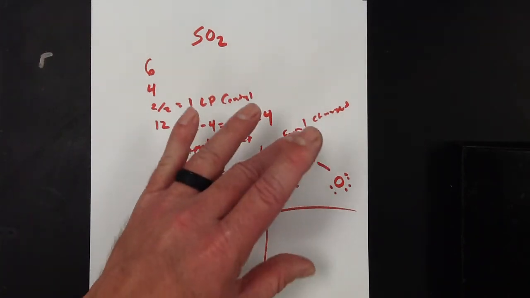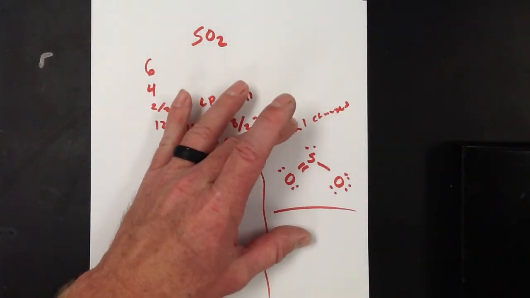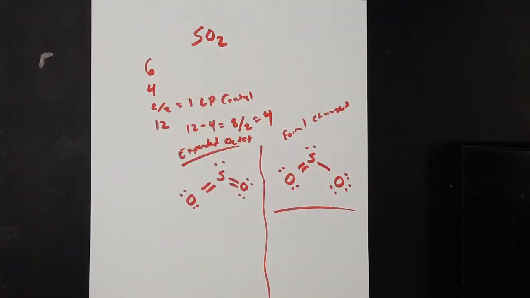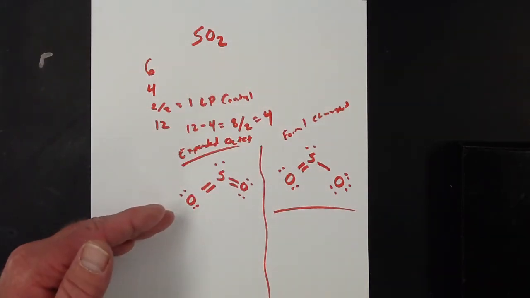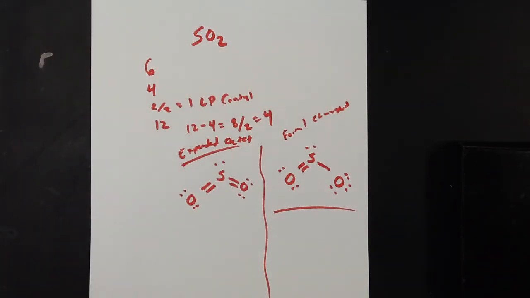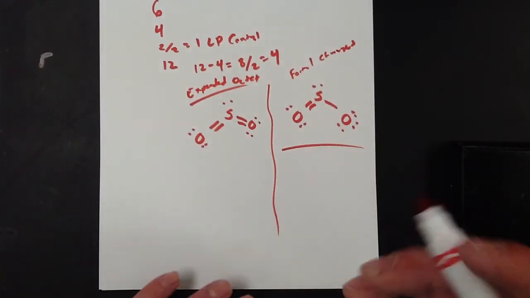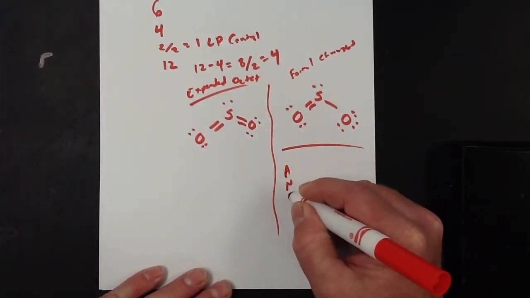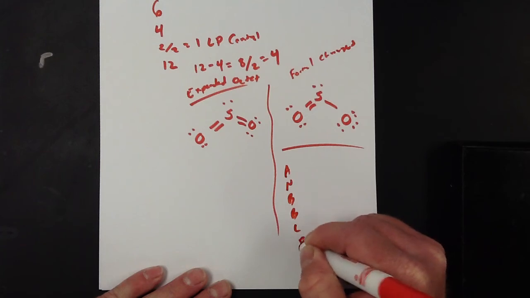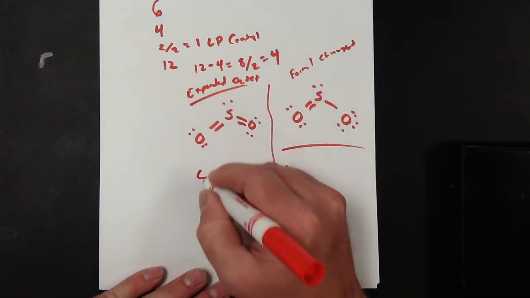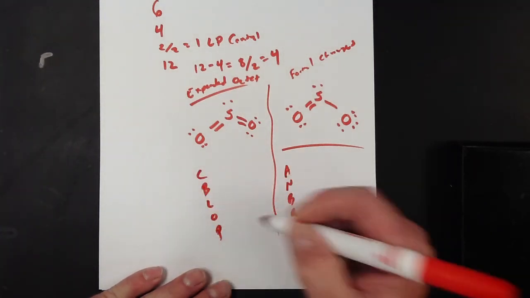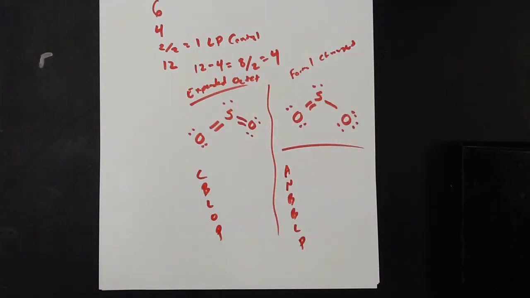If we're doing this through molecular orbital, and this is what your book has and this is what your professor has, then that's definitely the way to do it. If not, you just use that other acronym. Do you use my acronyms, if you're using those, do you use ANBBLP as a simple math operation, or do you use CBLOP, where you end up with that expanded octet?